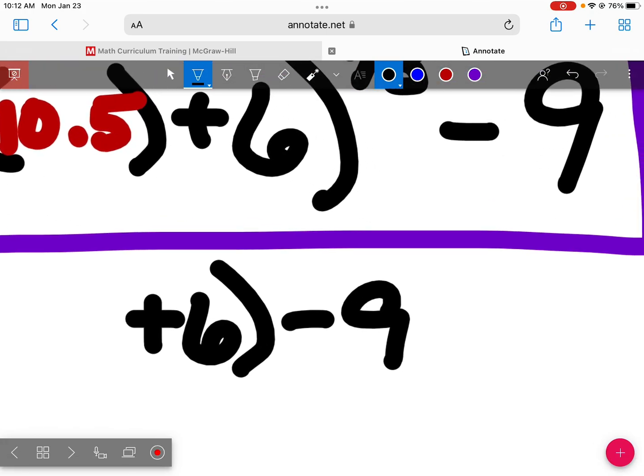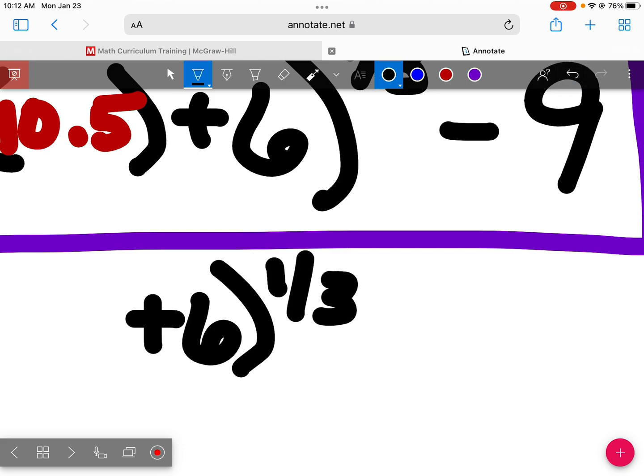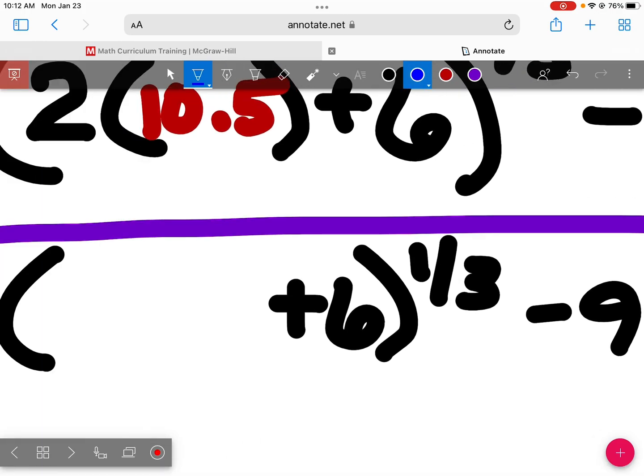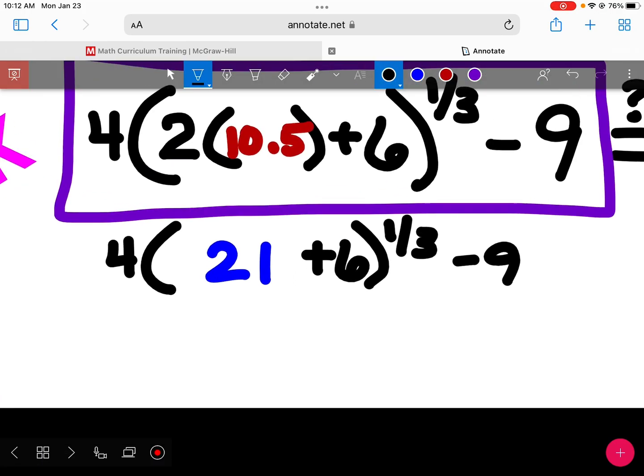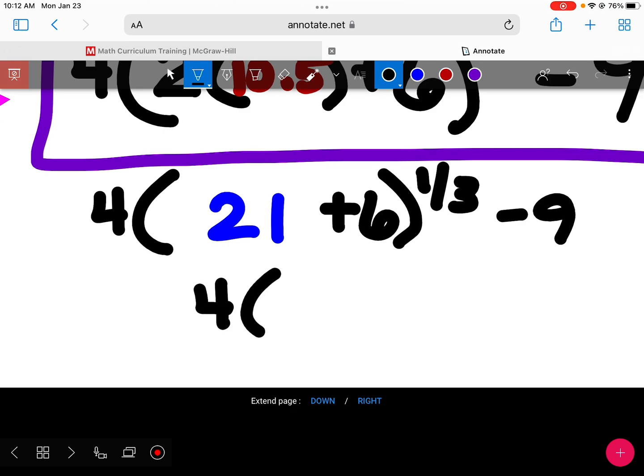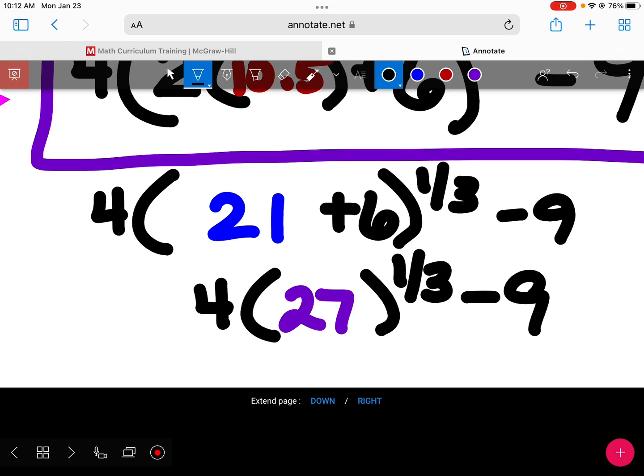21. So I have 21 plus 6 inside the parentheses. What is 21 plus 6? I have 27 to the 1/3 power.